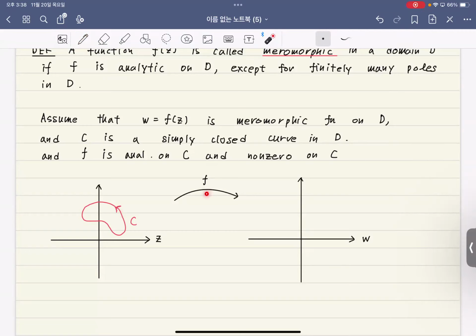Since f is never 0, I want you to consider the image of this curve under the function f. There is a very important condition: my function f is never 0 on C. So the image of this curve under f is going to be another curve in the w plane, but this curve cannot pass through the origin. Maybe like this.